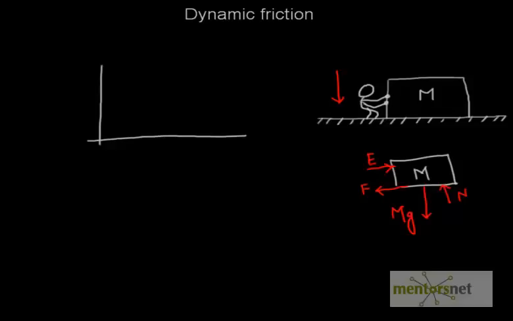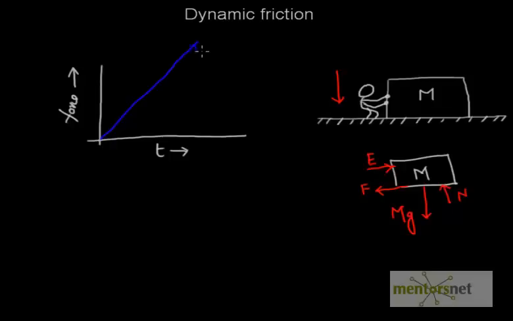The thought experiment that we had conducted was that suppose this person continuously increases the amount of effort that he's applying. So we have time on one axis, force on the other, and with the blue pen we draw the line, we plot how much effort the person is applying.